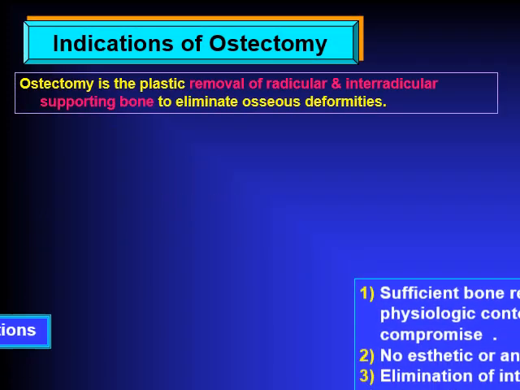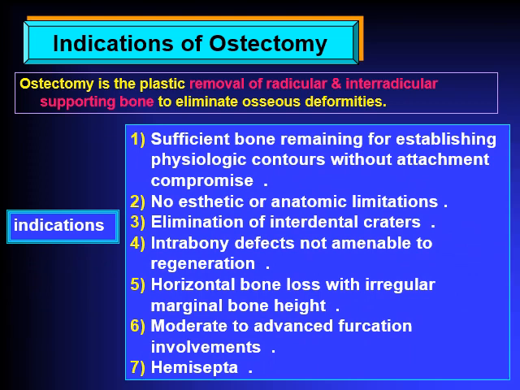Now, what about the indications of ostectomy? Number one, sufficient bone remaining for establishing physiologic contours without attachment compromise. Number two, no aesthetic or anatomic limitations to doing ostectomy. Number three, elimination of deep interdental craters.